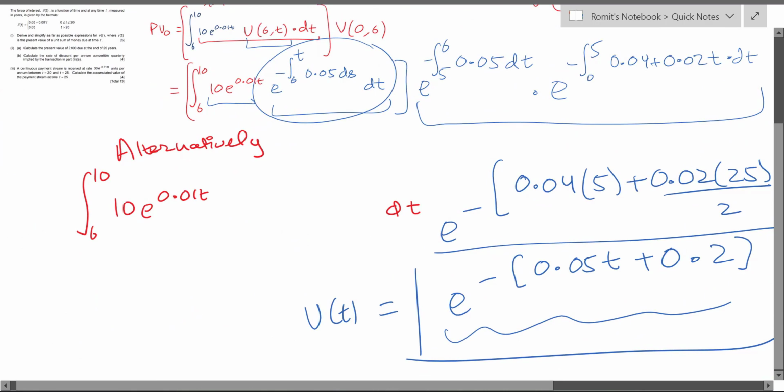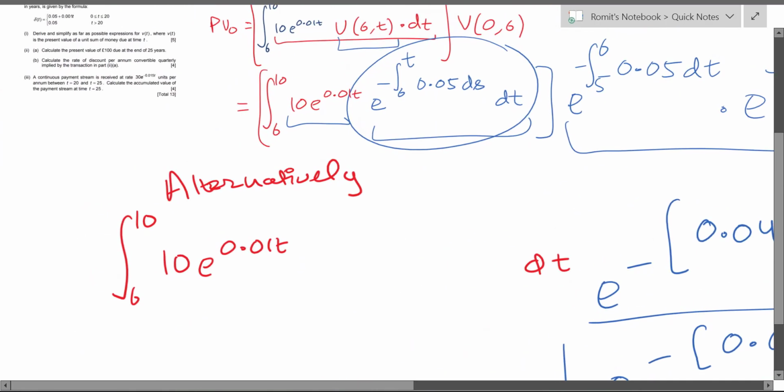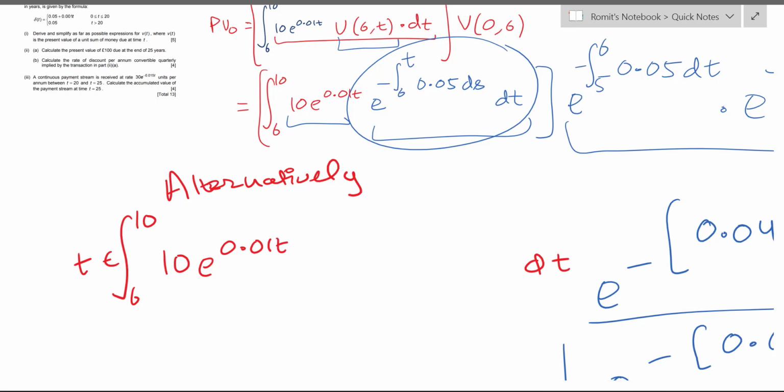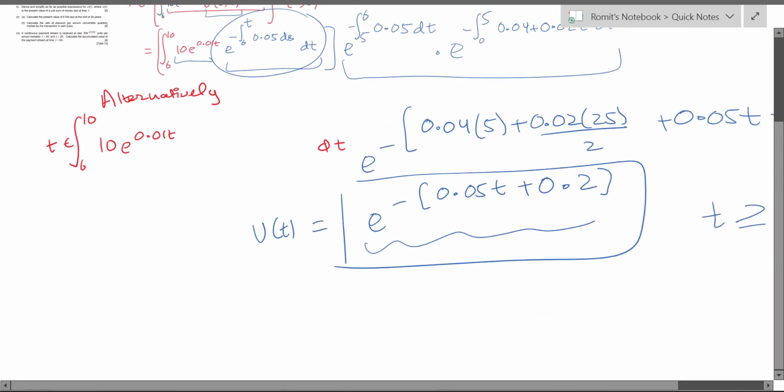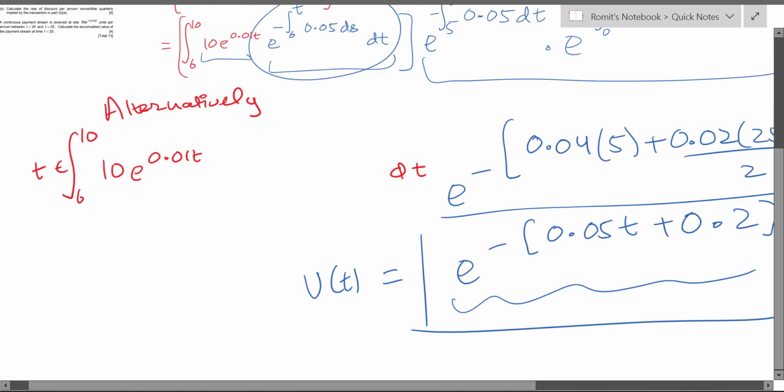So, what you can do is for any arbitrary time t, because t is between 6 to 10, it is automatically greater than 5, and because it is greater than 5, you can directly apply this discount factor to t, okay.